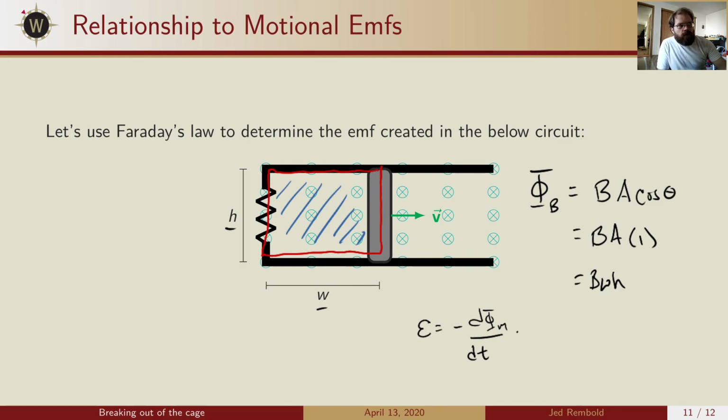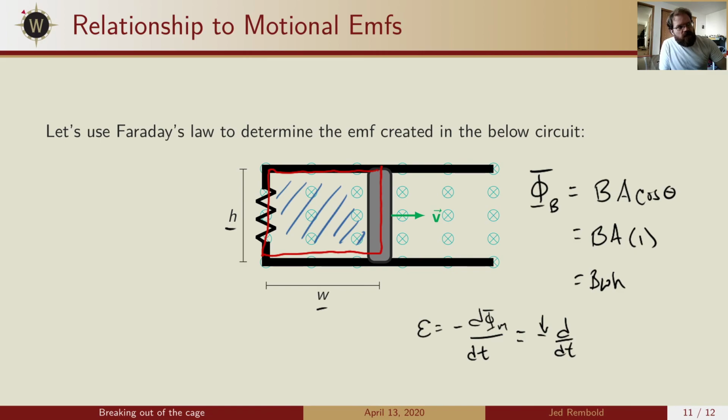Or in other words, it's the negative, and actually this negative is really only there to give us information about the direction of the EMF, of the current that's flowing around it. If you're just trying to figure out the magnitude, which is kind of what we're initially doing here, that negative isn't really telling you anything different. Negatives don't matter for magnitudes. So frequently you'll see that dropped, by the way, when you're looking at magnitudes.